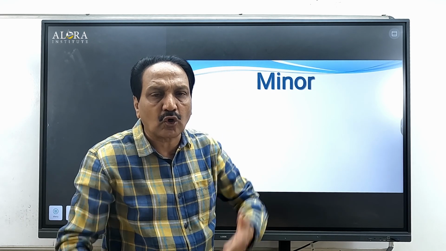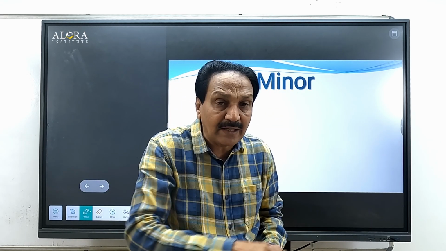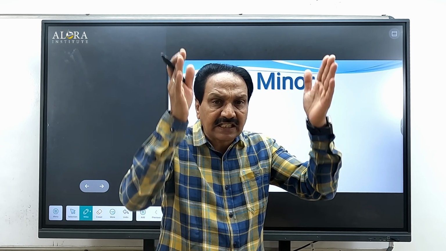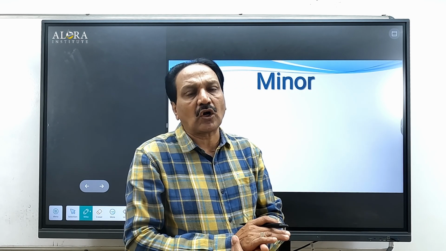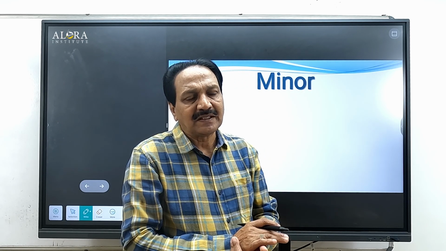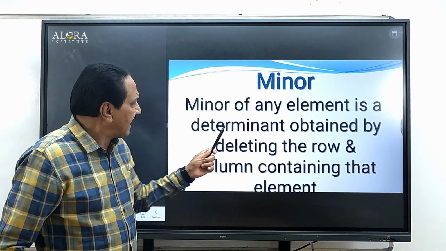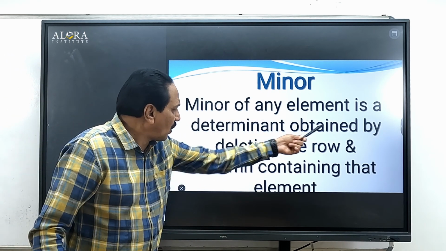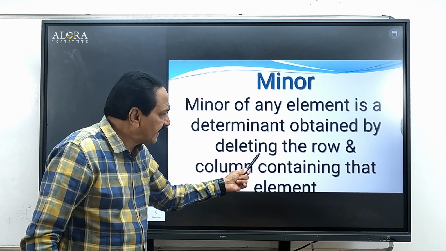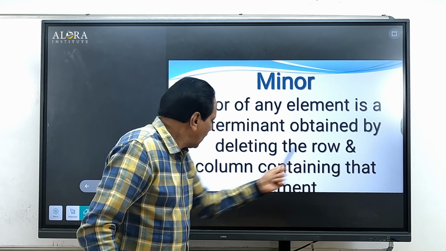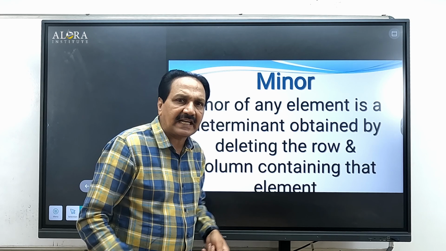Just close both. Whatever elements you are left with, write them in the determinant form. That is called a minor. See here, the definition of minor. Minor of any element is a determinant which is obtained by deleting the row and the column containing that element.